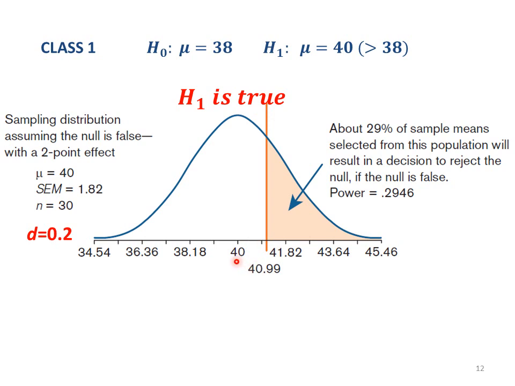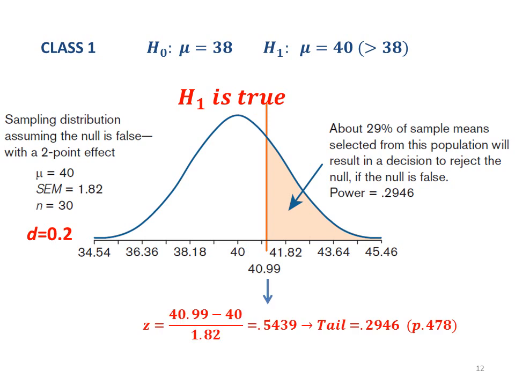So when H1 is true in reality, and we use a Z transformation on this distribution, the Z-score for 40.99 is 0.2946. And that's the power for our test in this example. And power is the likelihood of detecting an effect.